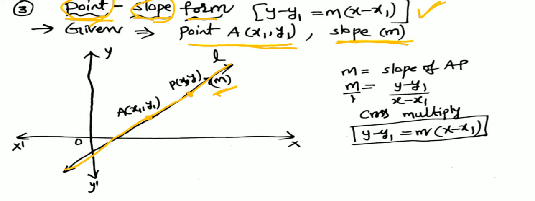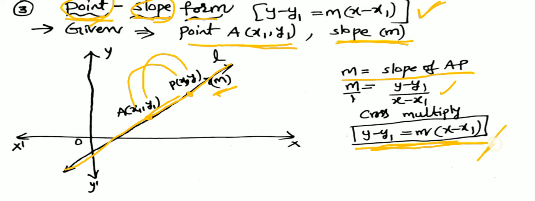The same concept we use here also: the slope of the line is equal to the slope of AP. So m is equal to, applying the slope formula for AP, (y - y1)/(x - x1). Cross multiply. So y - y1 = m(x - x1). This is a very important formula.